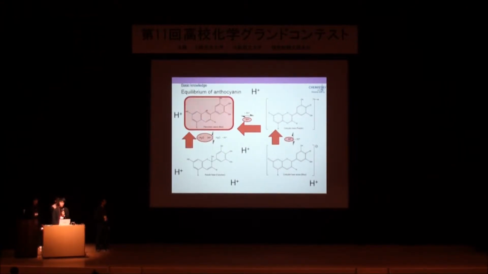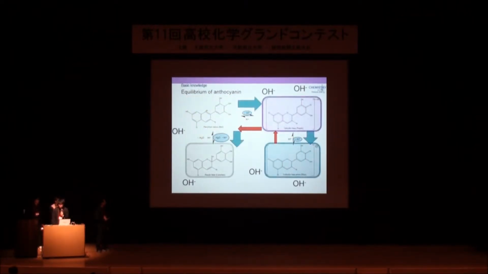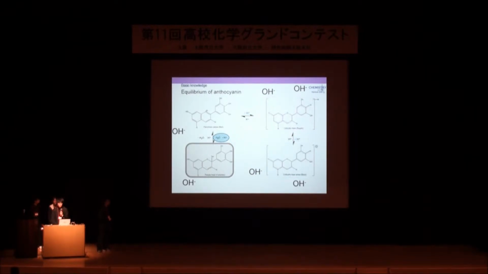Under the condition that pH is low, flavylium ion increases and the solution becomes red. Under the condition that pH is high, anhydrous anions increase and the solution becomes blue. When you just leave it, pseudobase increase little by little and the solution becomes colorless. This is discoloration of anthocyanin. In addition, it is caused by hydration of anthocyanin.